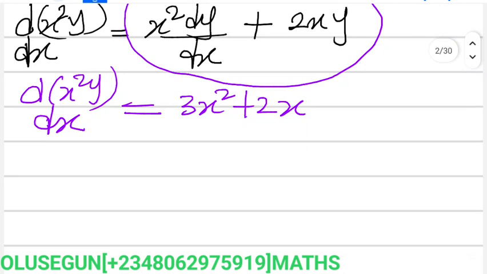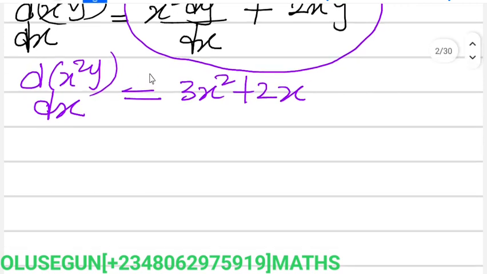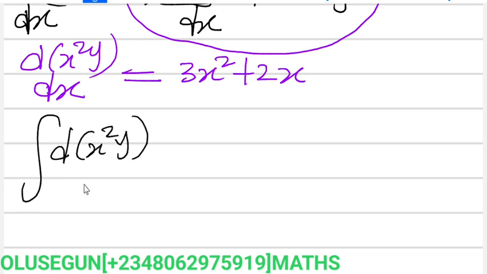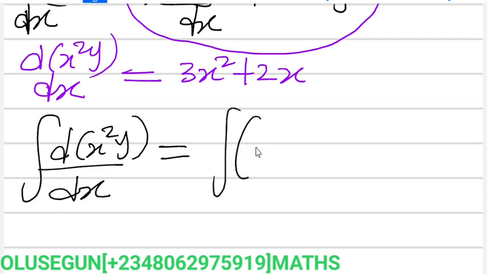So let's integrate both sides. We have d onto x squared y over dx is equal to the integral of 3x squared plus 2x dx.